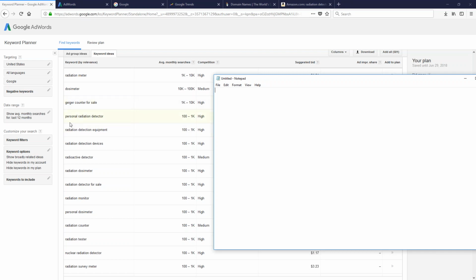So to start with that one, something like one of these: personal radiation detector, radiation detection equipment, radiation detection devices, possibly nuclear radiation detector. Any of these keyword phrases might potentially be a good choice.